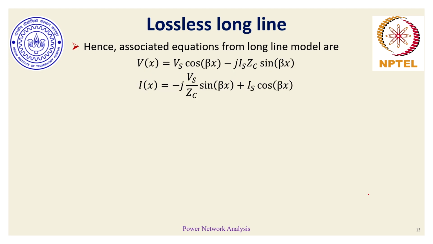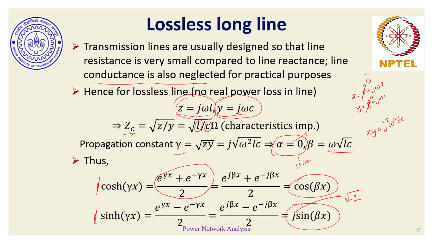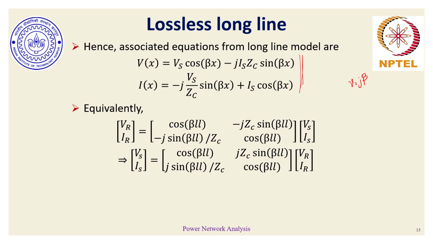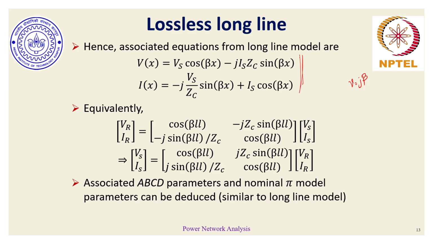So if we write the Vx and Ix expressions for the lossless long line, gamma is replaced by simply j beta, and cosine and sine hyperbolic reduce to cosine and j sine of beta. So our V of x and I of x functions can be written from the usual long line model that we observed. And for this lossless long line, again we can find the corresponding ABCD parameters.